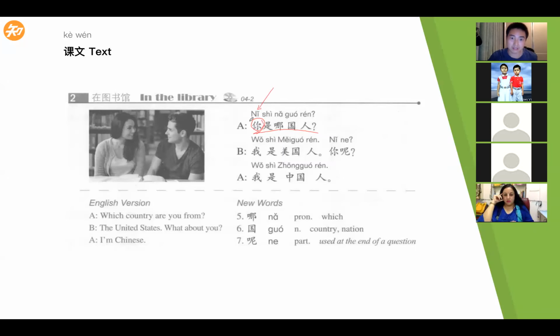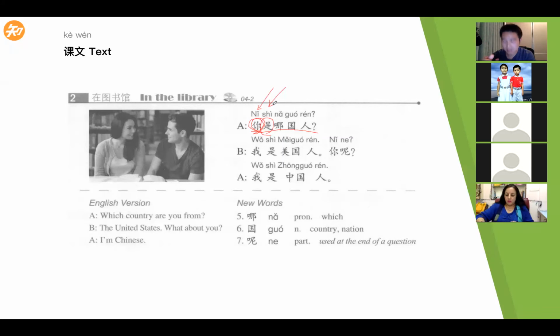This character, we just divide them. 你 means you. Then 是 means is, or are, yes, here is are. 是 means to be in Chinese. So it can be are, am, or was, like that.